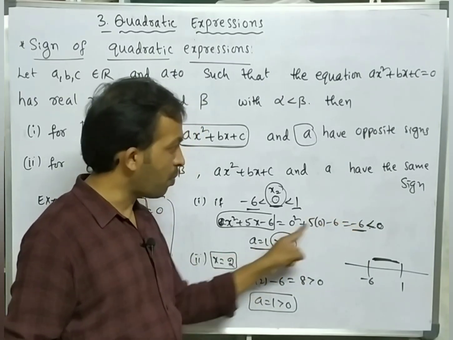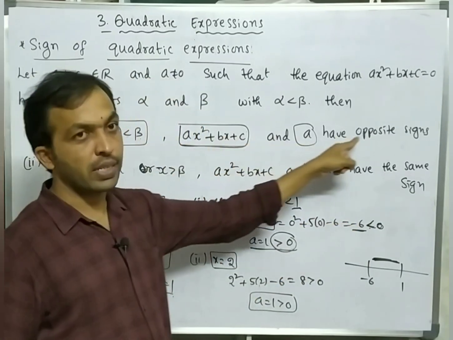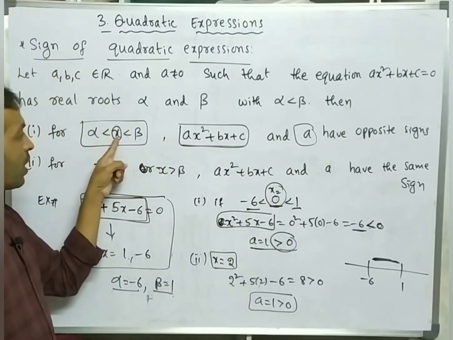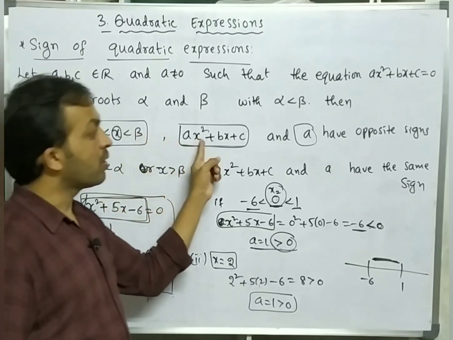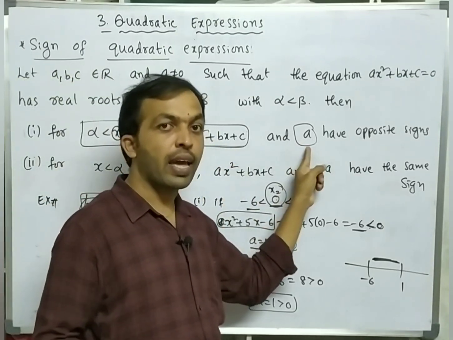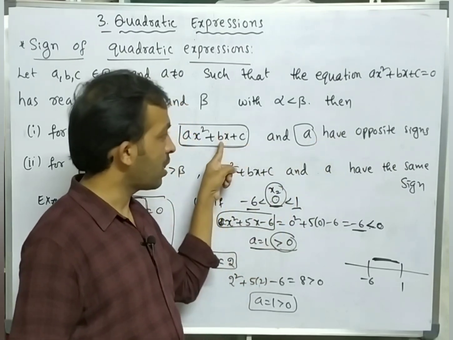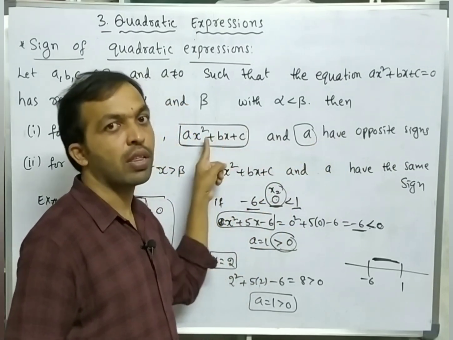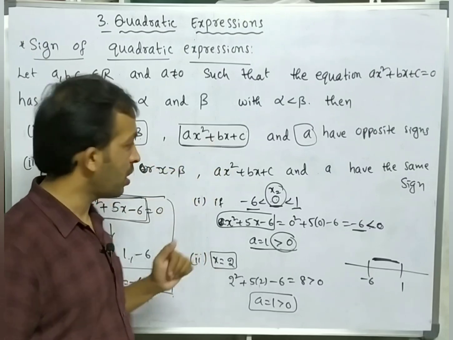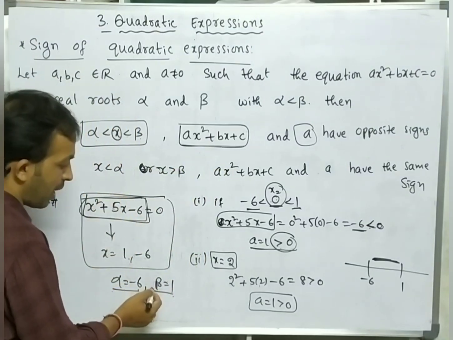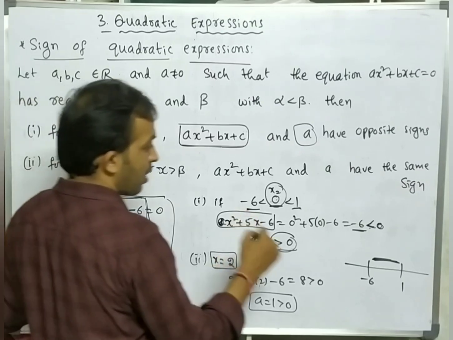These two are in opposite sign as per the first point. So if the value of x lies between alpha and beta, then the quadratic expression and a have opposite signs. If a is positive, then this is negative. If a is negative, this is positive. Remember that.